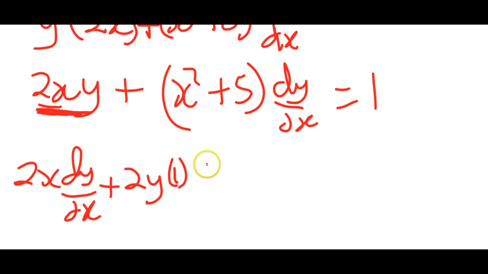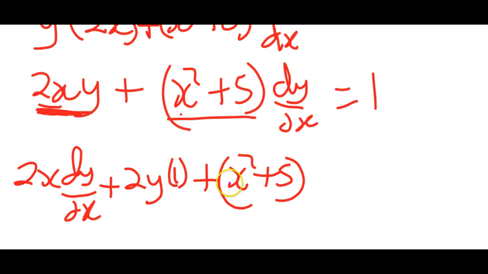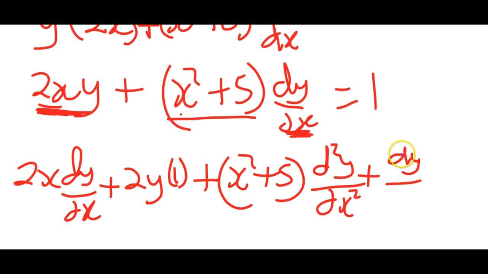Then plus here the same thing, I'll hold x squared plus 5 and differentiate this alone, and that will be d squared y over dx squared, plus now hold dy/dx and differentiate x squared plus 5 alone, which will give me 2x. Everything is equal to the differential of 1, which will be 0.